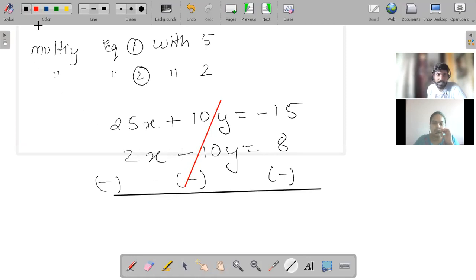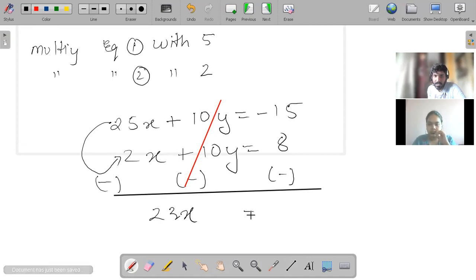Yes. Now, how much is 25x minus 2x? 23x equal to minus 15 minus 8. Both are having negative sign.